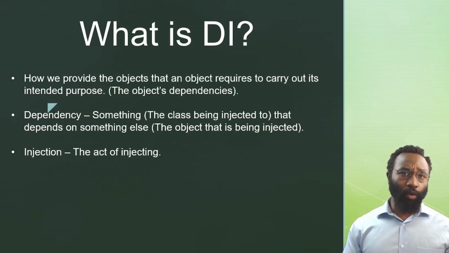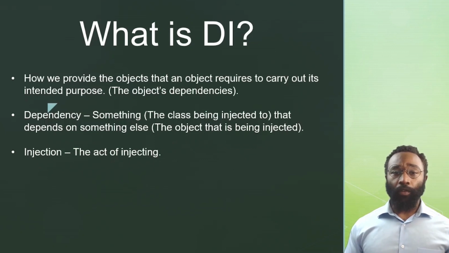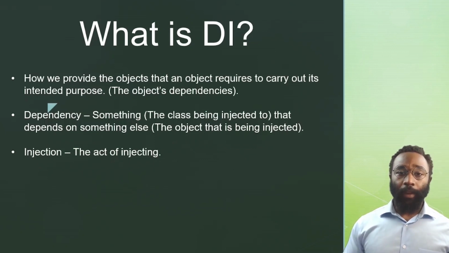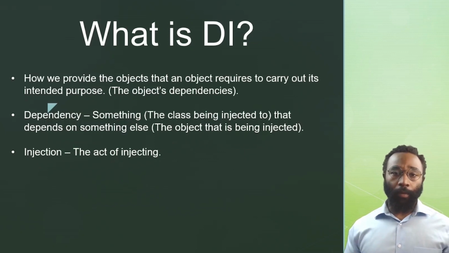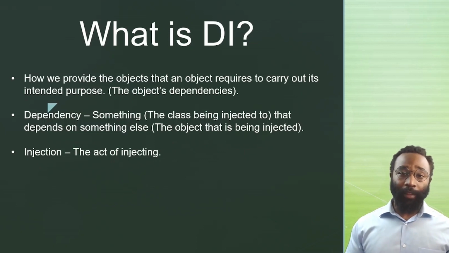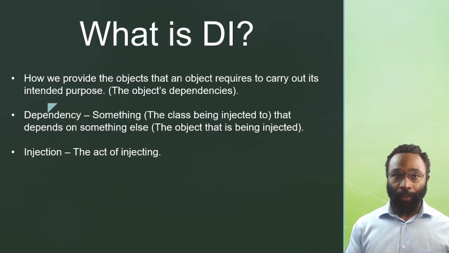So we went through and broke down a couple of key definitions for dependency injection. A dependency is something that depends on something else. In this case, we have a class that's going to be able to construct an object that depends on another object. So we're injecting that class, that object depends on, into it. Nothing more, nothing less. We're just trying to get this object an object that it depends on.